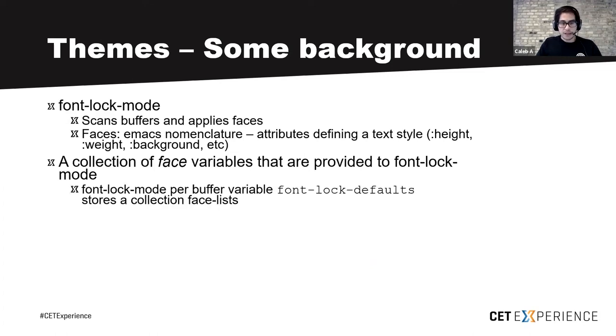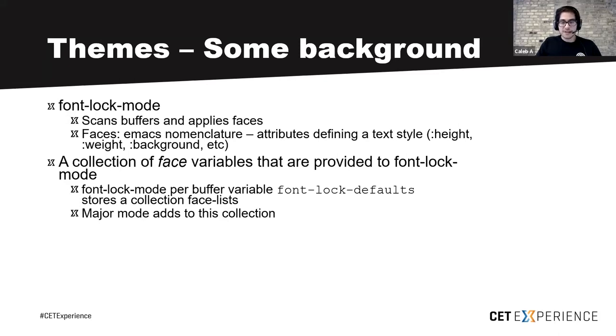So how does font lock mode work? It stores the list of faces in a variable called font-lock-defaults. And that is per buffer. So then the major mode will populate this list with its faces when font lock mode is initialized. So remember how I said we're in the configure ecosystem?